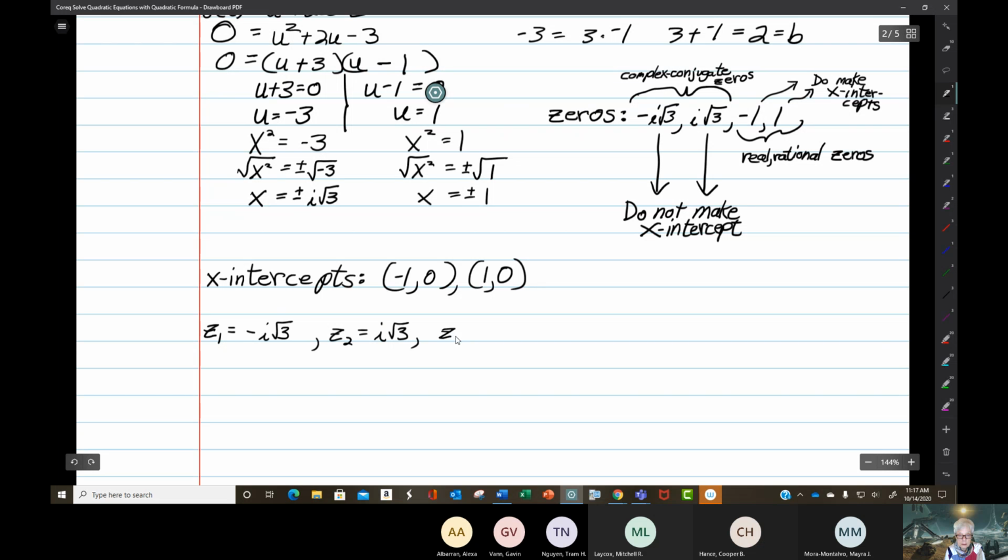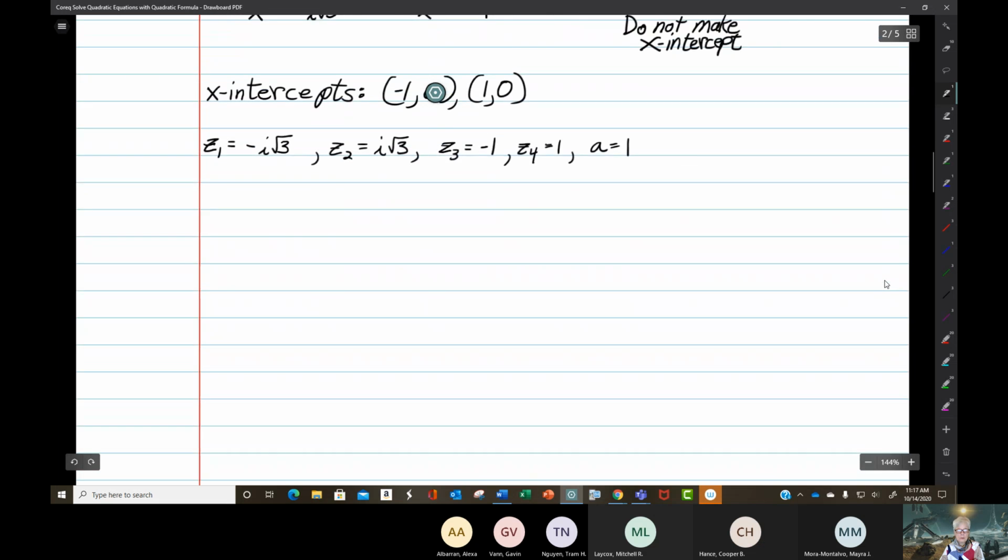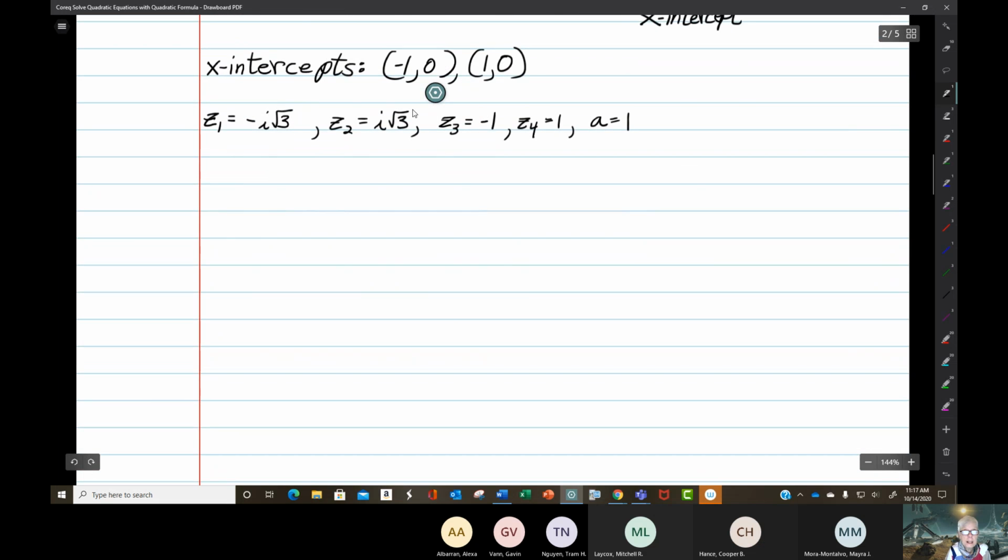Z3 equals -1. And Z4 equals +1. And A, if you recall, is 1. The leading coefficient is +1. So let's move over here.